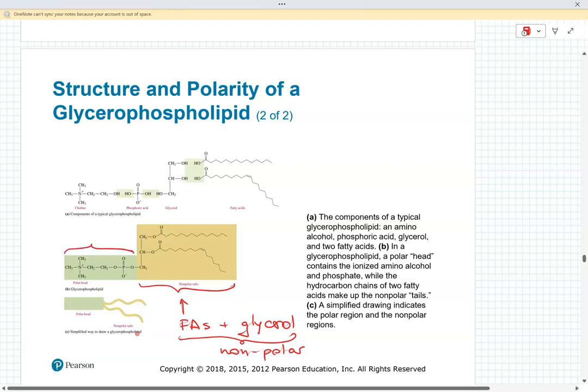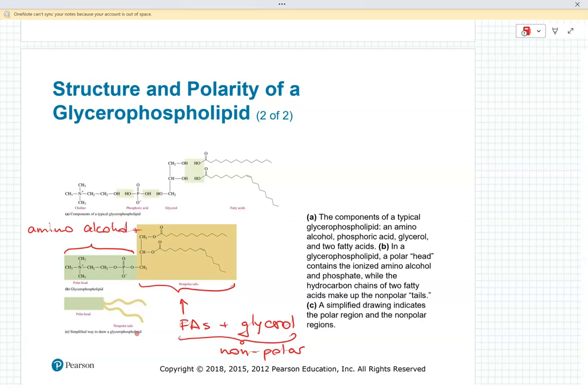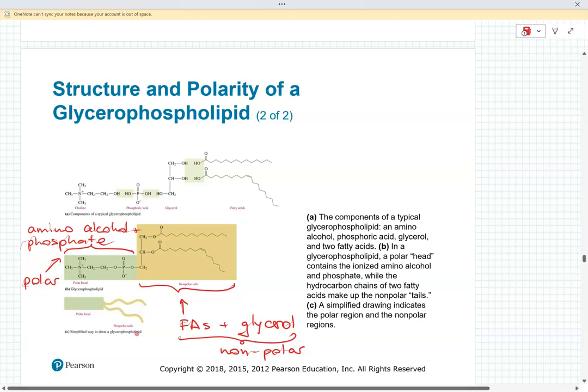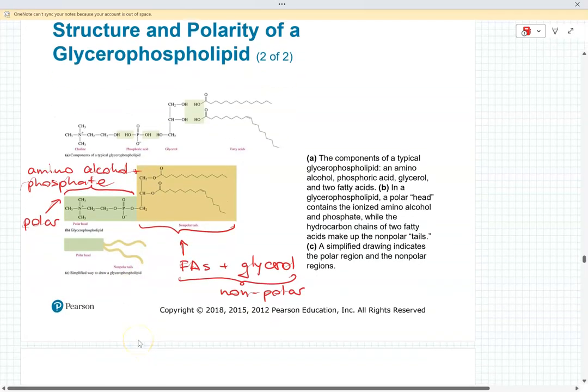That portion here, amino alcohol and phosphate, is essentially polar. So far we good? Everybody? Okay.